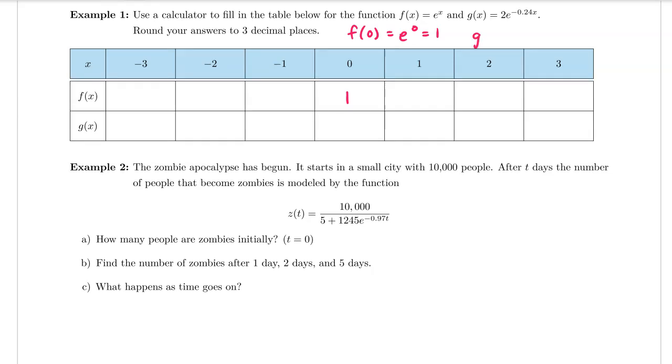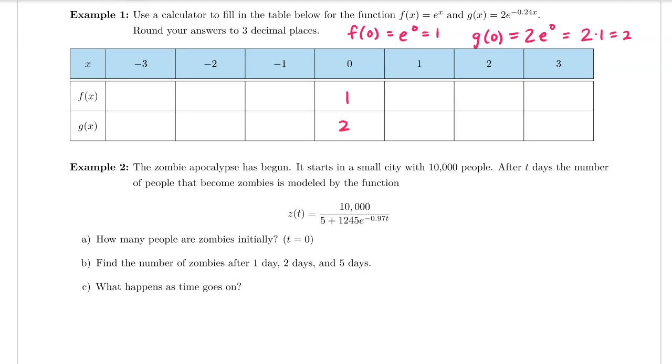For g of 0, we would have 2 times e to the negative 0.24 times 0, and my exponent is all just going to become 0. Following order of operations, e to the 0 is 1, so we're going to have 2 times 1, which finally will equal 2.